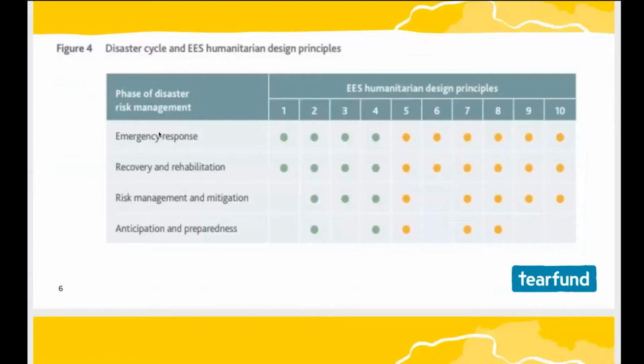Each of the principles relates to the 4 different phases of emergency response as well, so that you can have a quite clear picture during each phase of the response, which principles you ought to consult with.